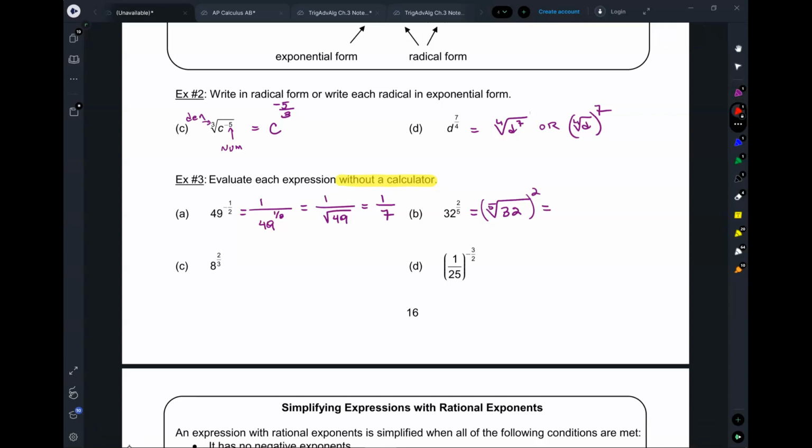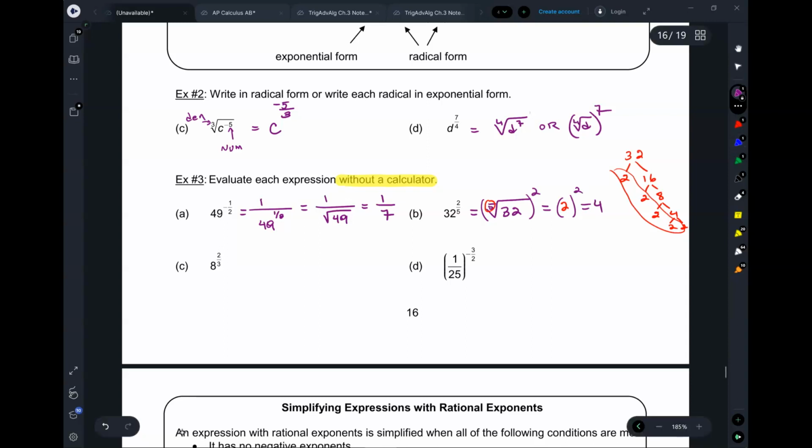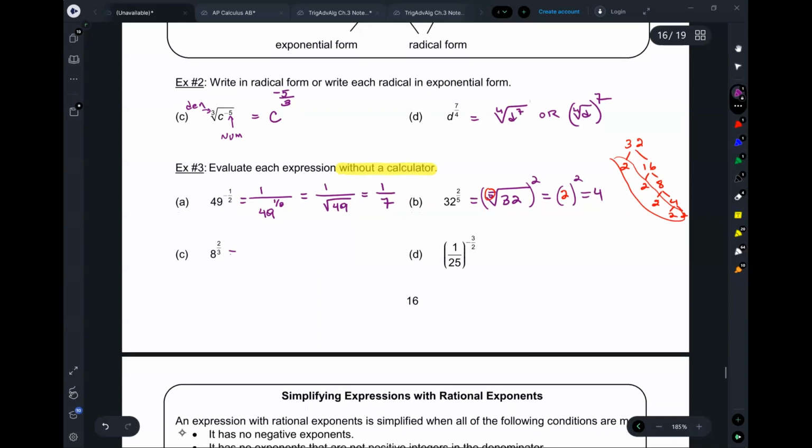So let's review this again, right? 32 is 2 and 16, 2 and 8, 2 and 4, 2 and 2. So how many 2's? 5. This says group them by 5 and you can take them out. So all these come out as a single 2 squared, 4. Okay? All right.